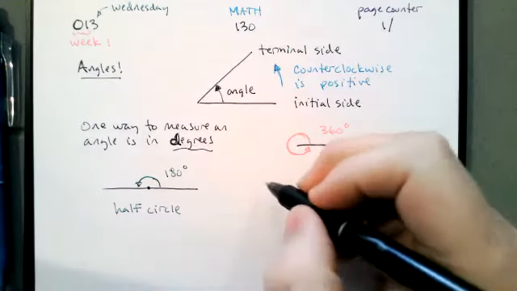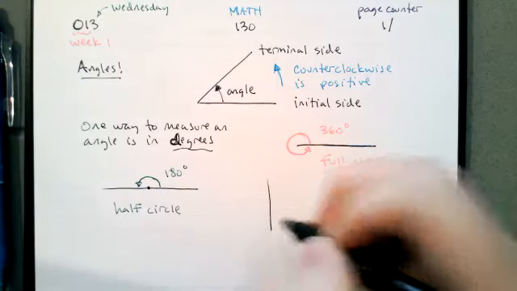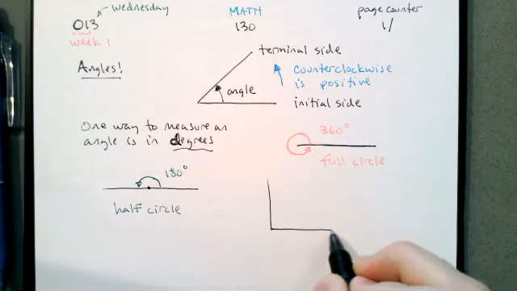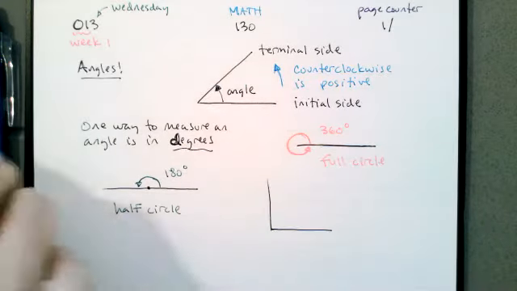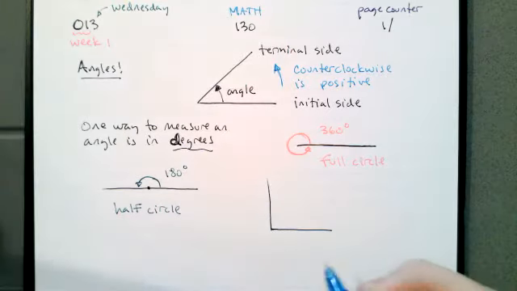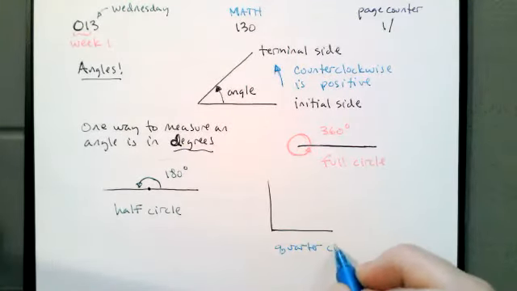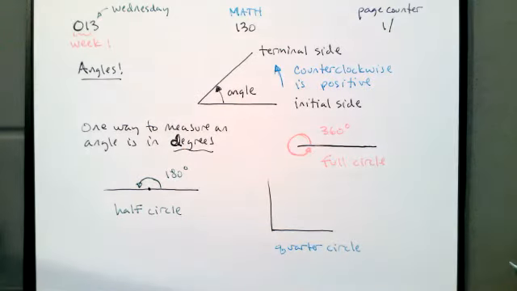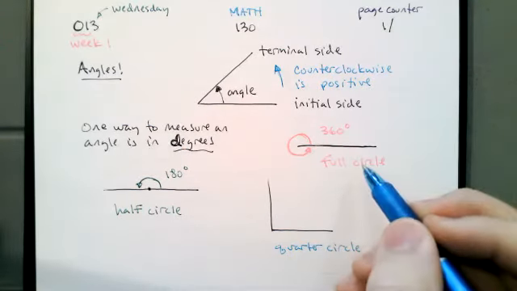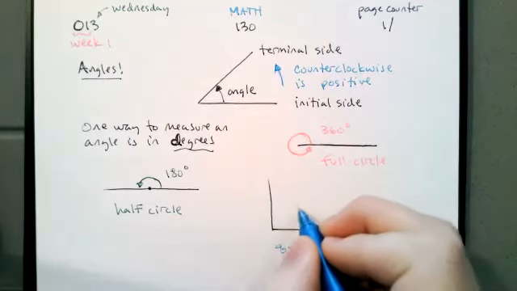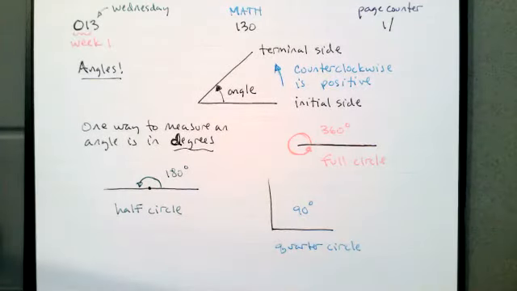What about a quarter circle? How many degrees in a quarter circle? 90, because a quarter of 360 is 90. This one gets a special mention: we have a 90-degree angle.